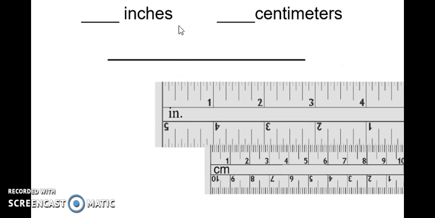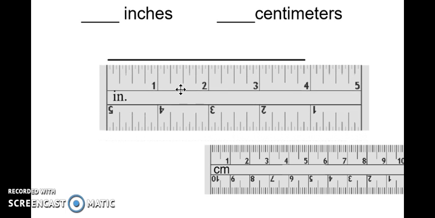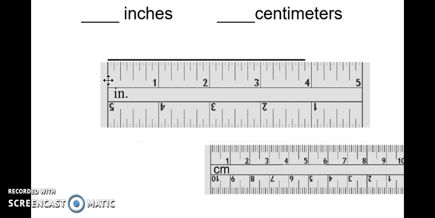So let's try one more. Again, using my inch ruler, going to line it up carefully where the 0 would be. Looking at the end, I find the number it's closest to. So this line is about 4 inches. So I'm going to write 4 on the line.